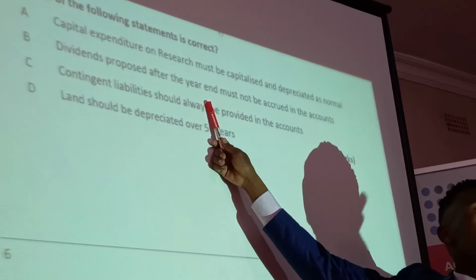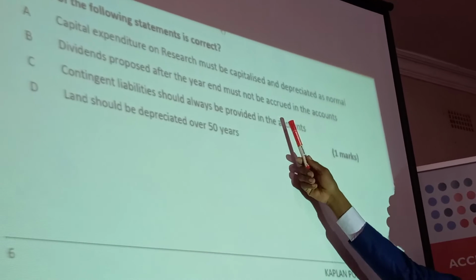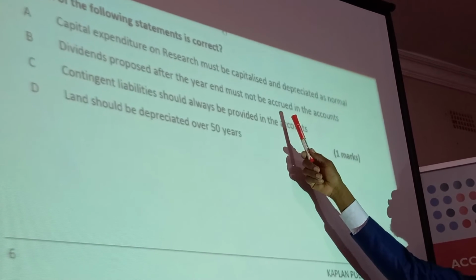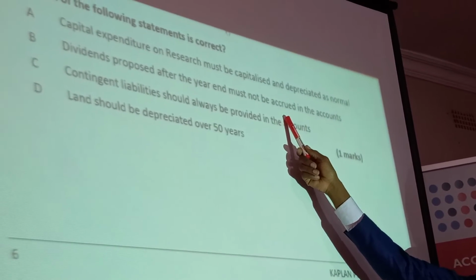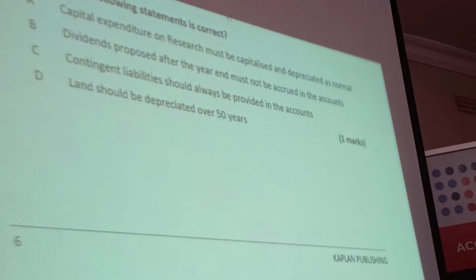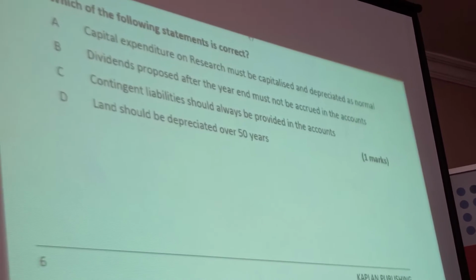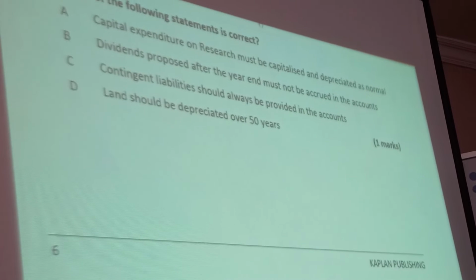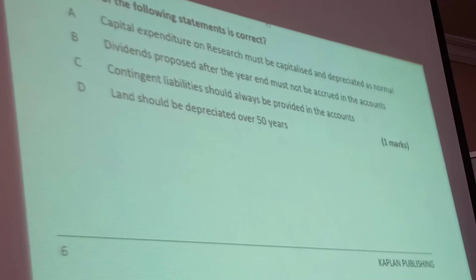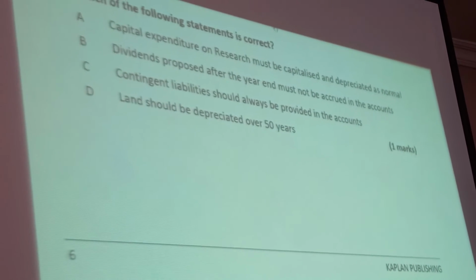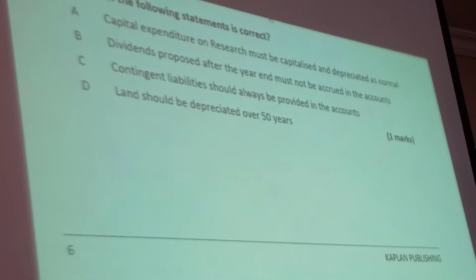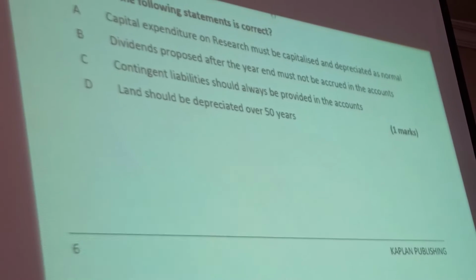After we have closed the books, therefore, it must not be accrued. To accrue is to treat as a liability. It must not be accrued. That's correct. Because it was declared after, therefore it's not a liability in the books. So it will be recognized in the new year.